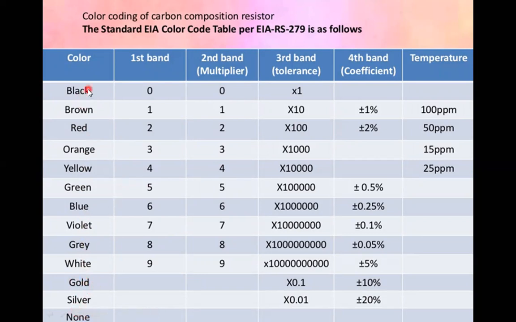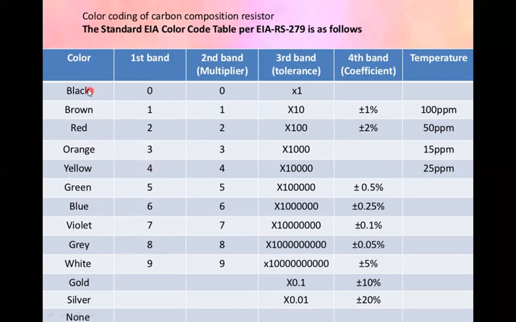Black stands for 0, brown 1, red 2, orange 3, yellow 4, green 5, blue 6, violet 7, gray 8, and the last one, white, stands for 9. So it comes to 10 colors from 0 to 9.